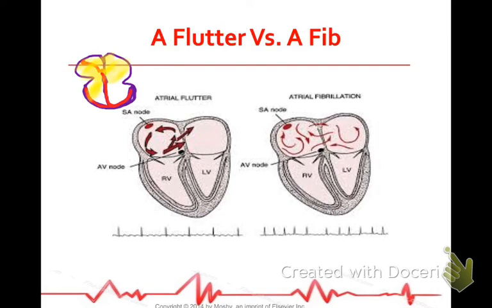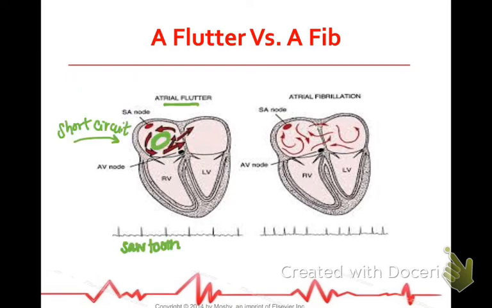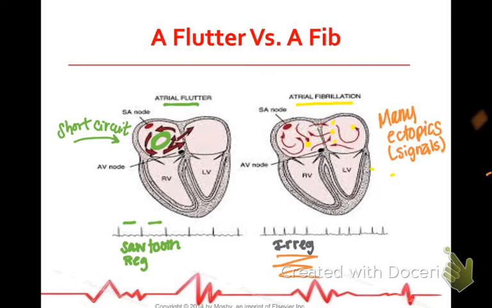So you got normal conduction. That's your normal conduction: your SA node to AV node down to your bundle of His and your Purkinje fibers. Whereas here, it's not normal. It's just going round and round, like a short circuit. And then here you've got all these little ectopics. So sawtooth is your A flutter, short circuit. Your AFib, many ectopics or many signals. The heart's getting many signals, and an irregular beat.